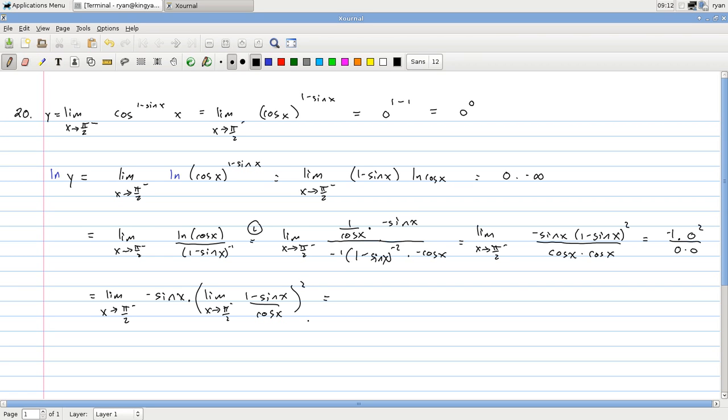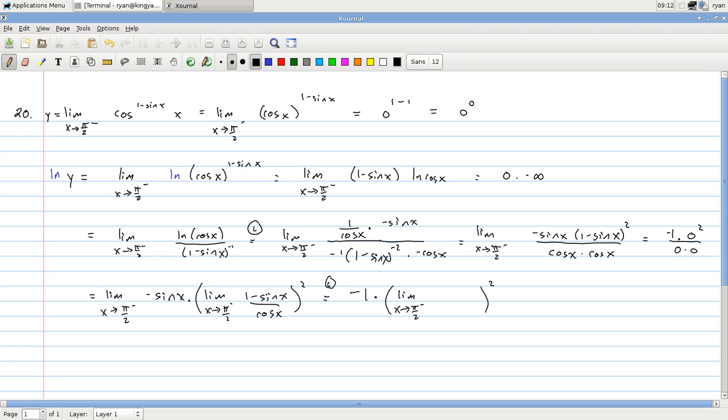And now we'll evaluate each limit independently. So for this first limit, we'll try this by direct substitution. Sine of pi over 2 is 1, so this gives us negative 1 for our first limit. On the second piece, if we try this by direct substitution, we get 0 over 0. So maybe we'll try L'Hopital's rule here. So we evaluate the second limit by L'Hopital, and we've got the limit as x goes to pi over 2 from the left.